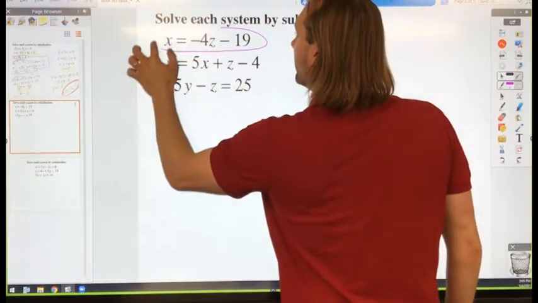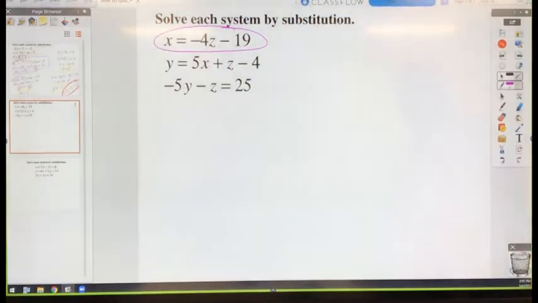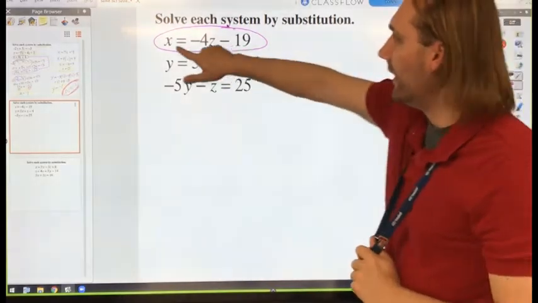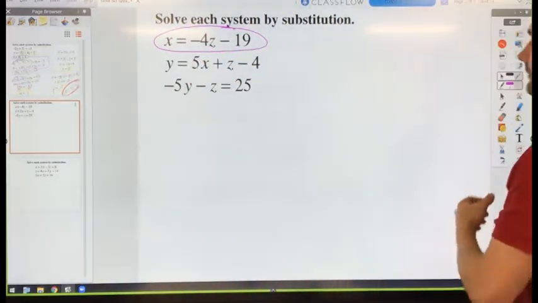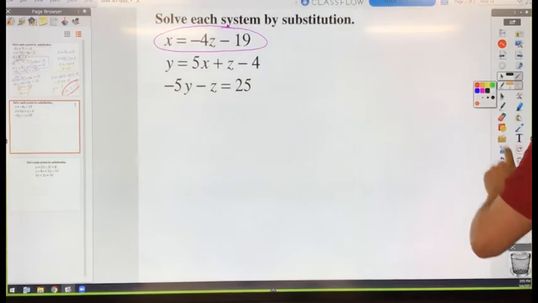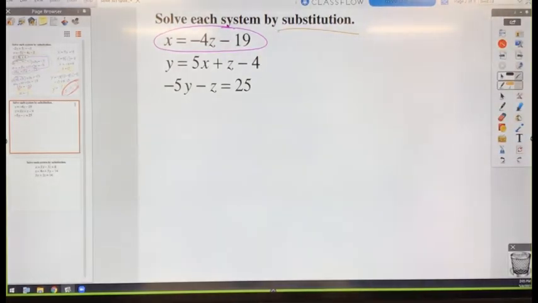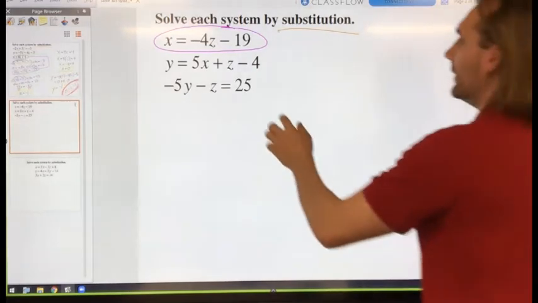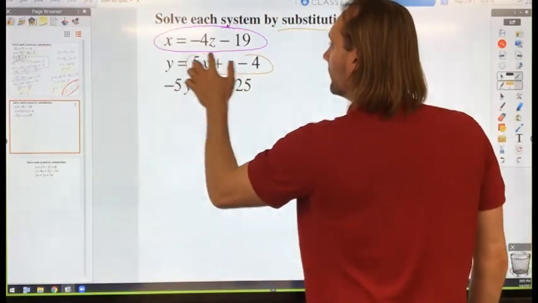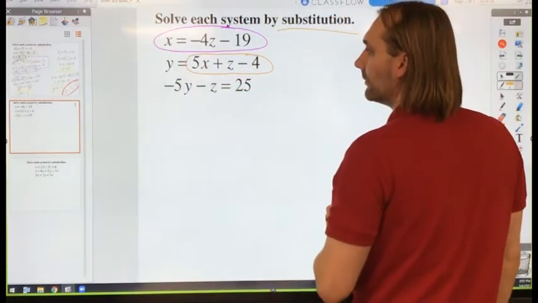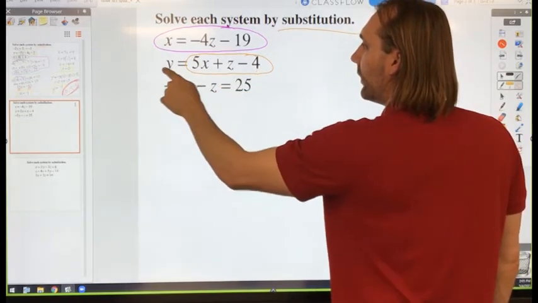So we'll grab that one, which means I need to turn one of these equations into an x and a z. How can I pull that off? Again, we're going to need to do some substitution. What would you substitute? The middle one, into where? Oh, this is y equals.